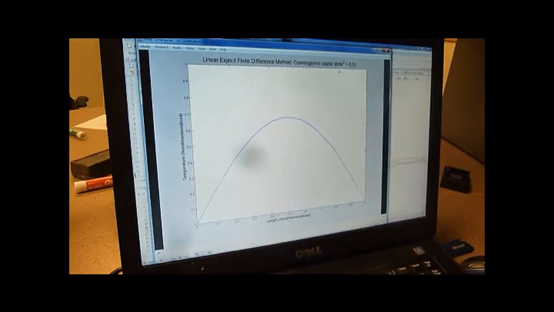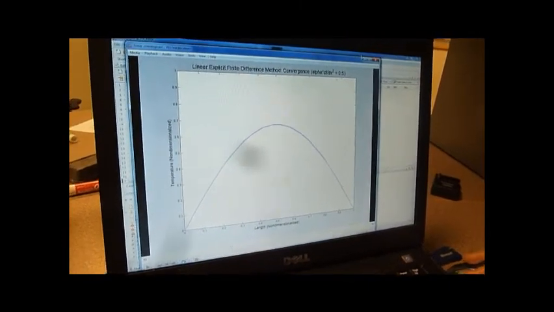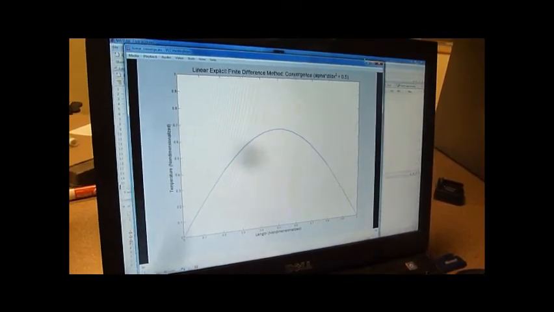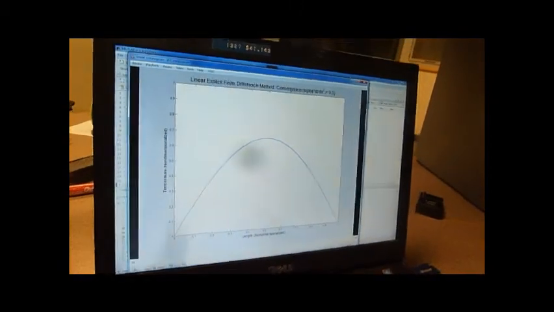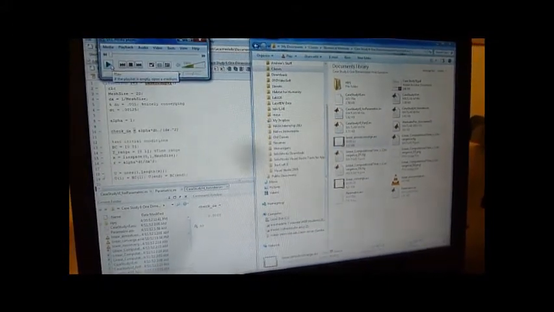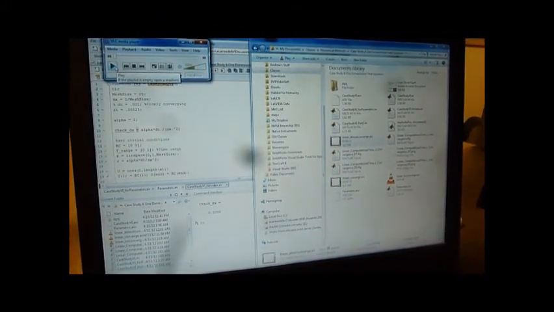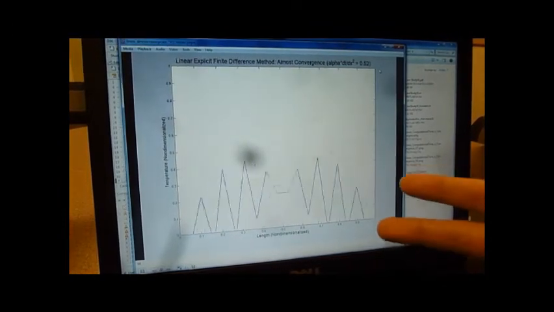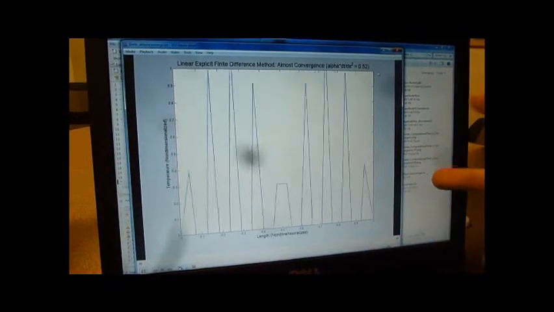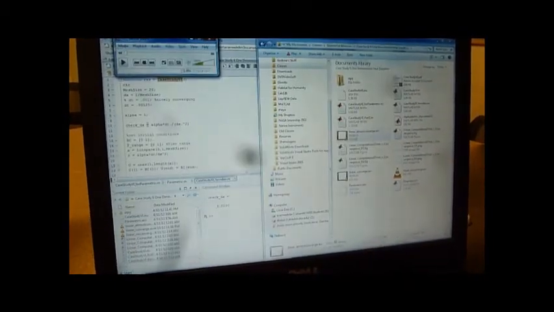That value determines whether it converges or not. If the convergence factor is just a little bit over 0.5, in this case 0.52, you can see it starts to converge, but it does not fully converge, and never actually reaches steady state. Instead it keeps building larger and larger until it blows up.